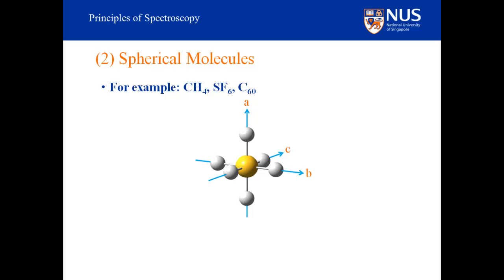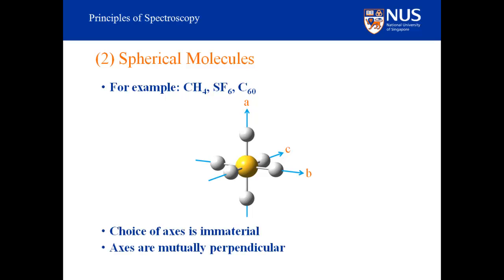However, just to note, the A-axis will be aligned along the principal axis, but of course the moments of inertia around the A, B or C axes are identical to one another. The choice of axes is immaterial. The axes are mutually perpendicular to one another.